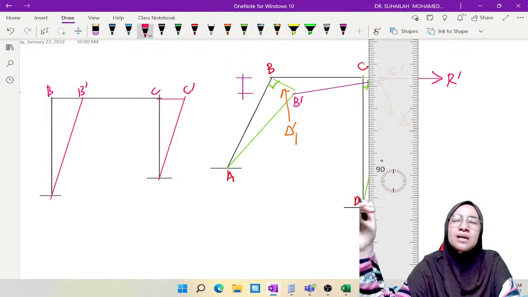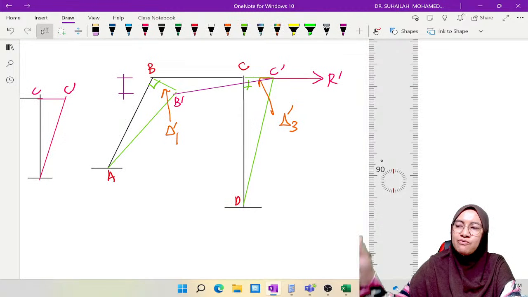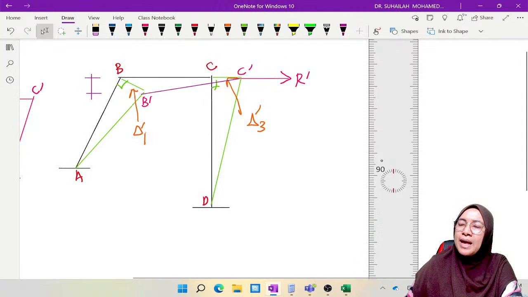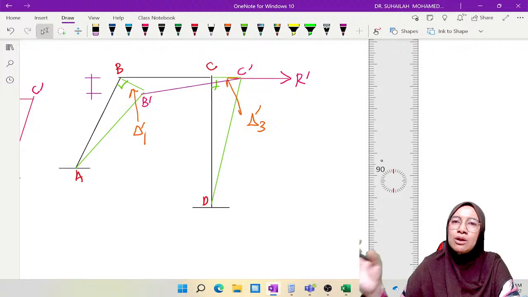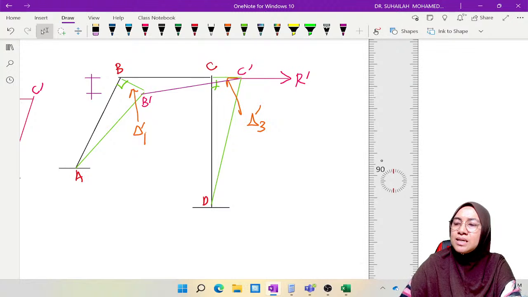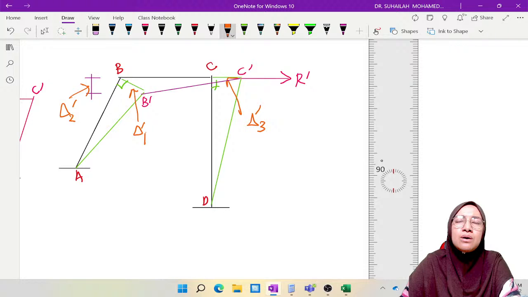So in this case, whenever a frame has one inclined column or two inclined columns, it will produce vertical displacement belonging to beam BC. So this distance is actually the delta for the beam. This is delta 2 prime because beam BC is member or element number 2.